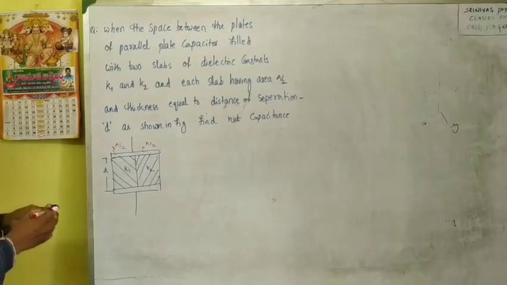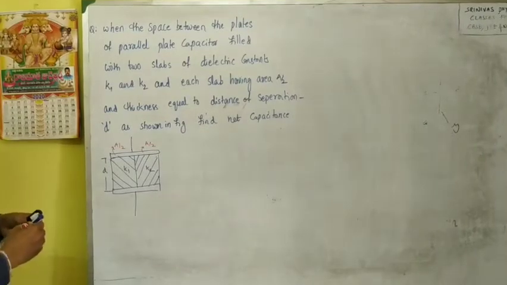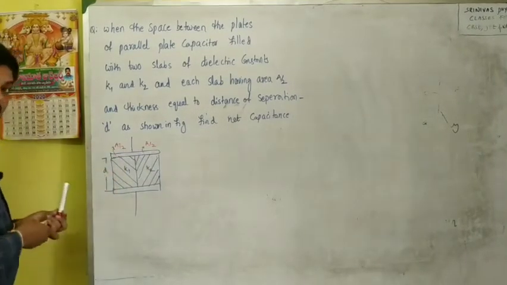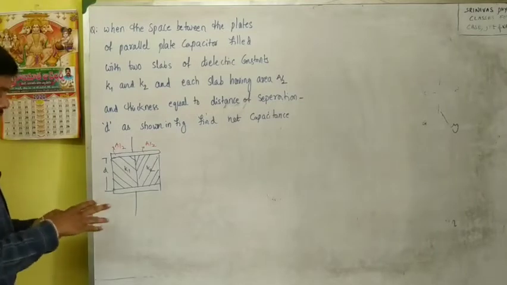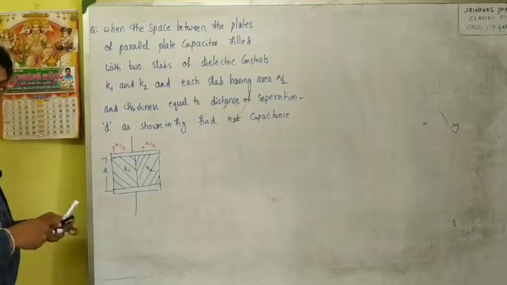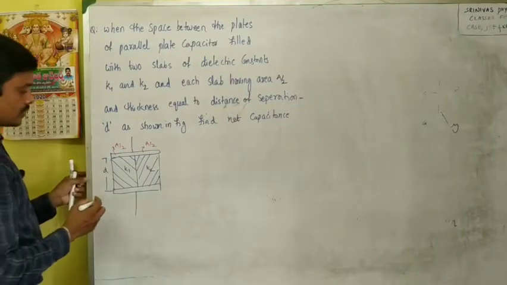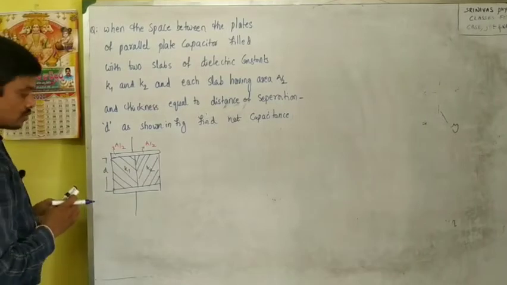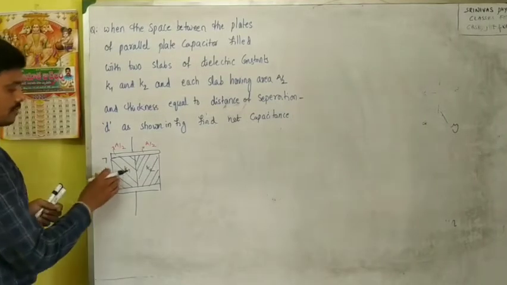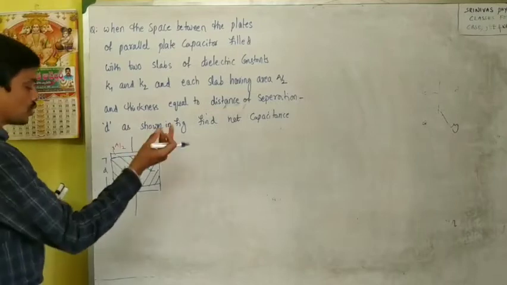And now I am going to find out the effective capacitance of this capacitor. It is very simple to find out. For this, these two capacitors are in which combination? We have to split these two into two capacitors.